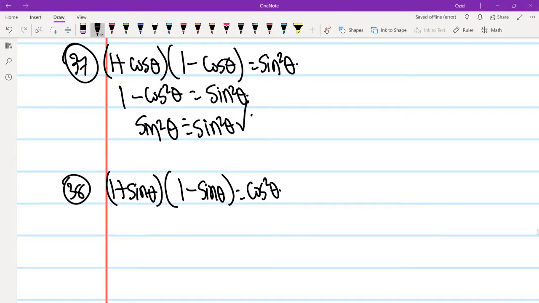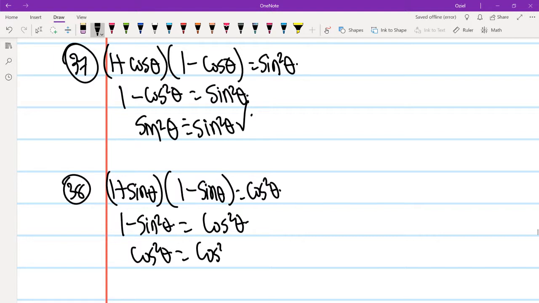So again, this would be the same thing as here. You would say 1 minus sine squared of theta is equal to cosine squared of theta. So then cosine squared of theta equals cosine squared of theta.